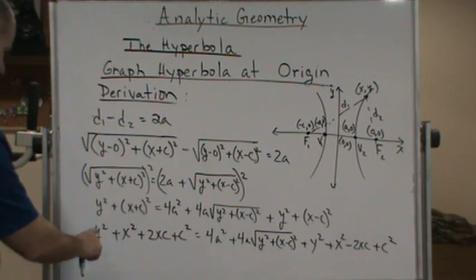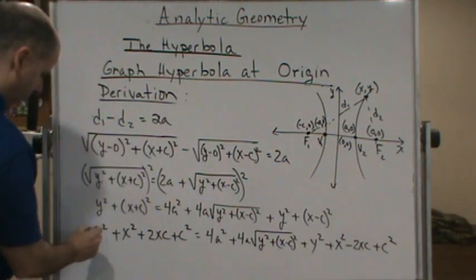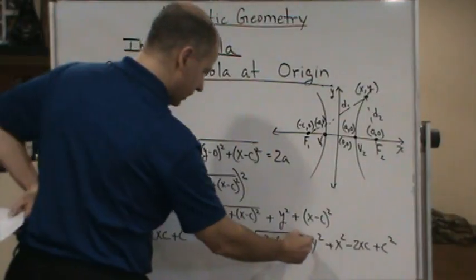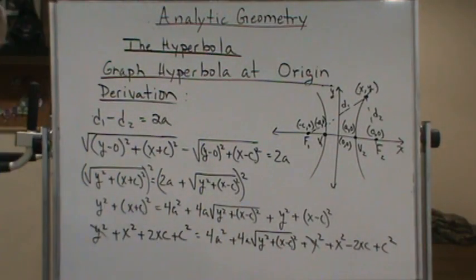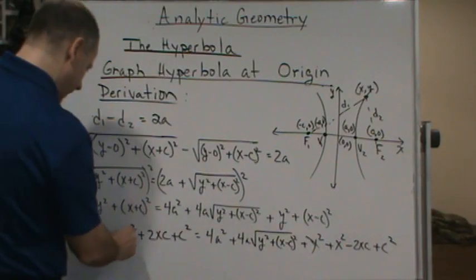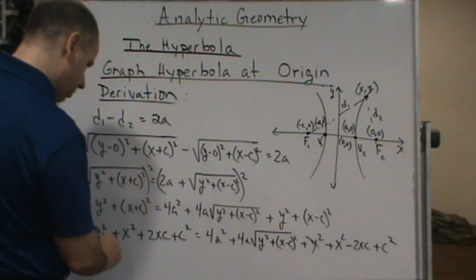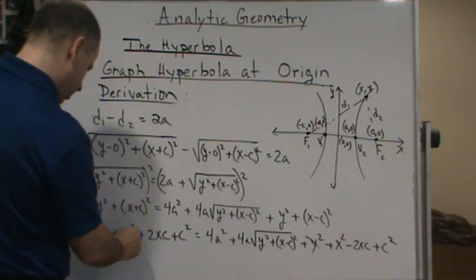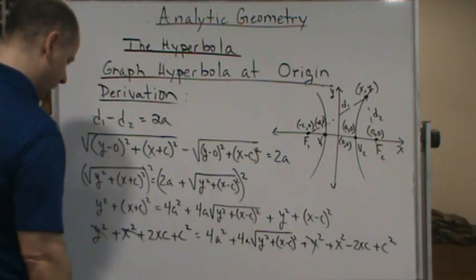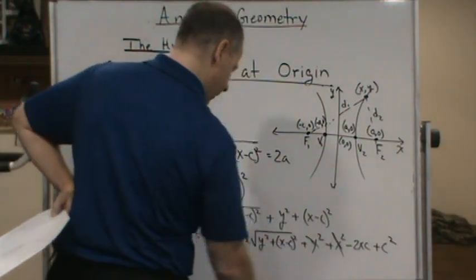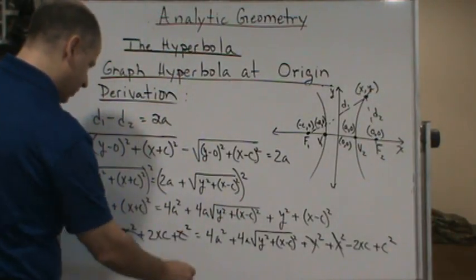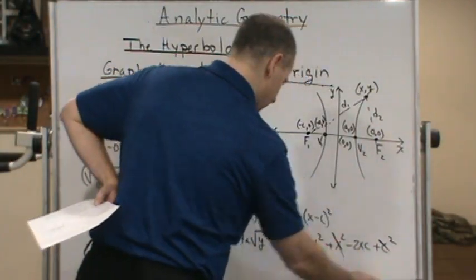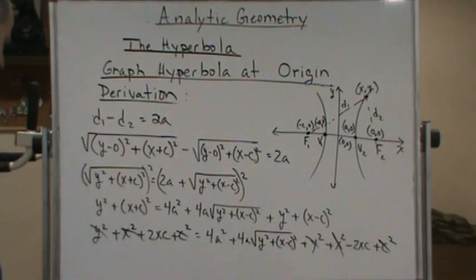Okay, now notice that we have the equal sign, so y squared here is going to cancel with the y squared there. X squared here is going to cancel with the x squared here. The c squared here is going to cancel with the c squared here. And so lots of things cancel out.